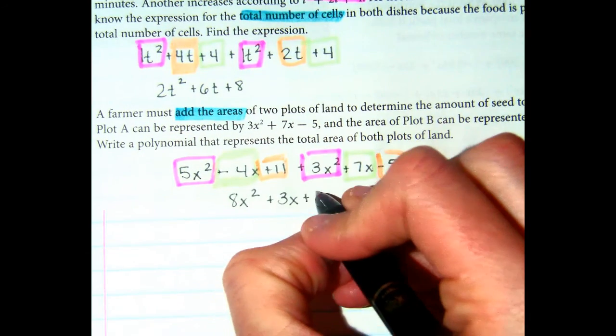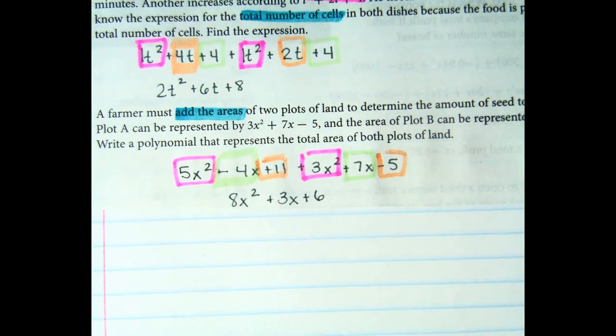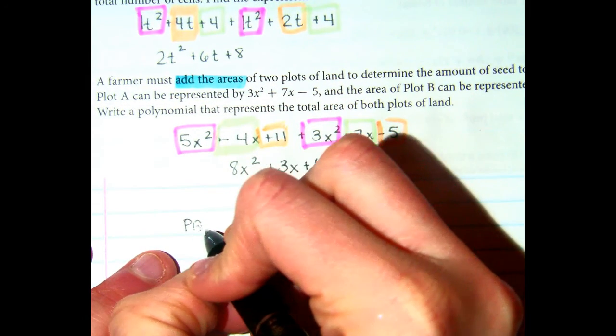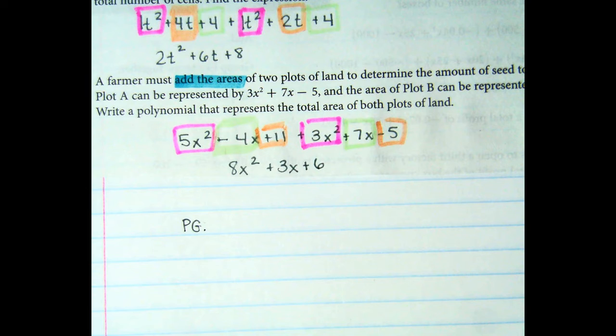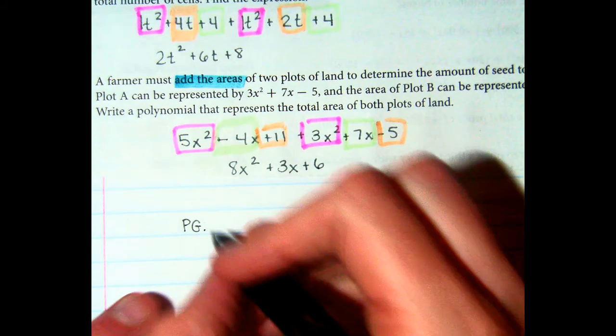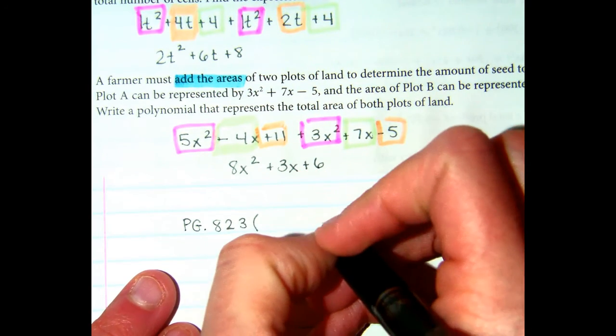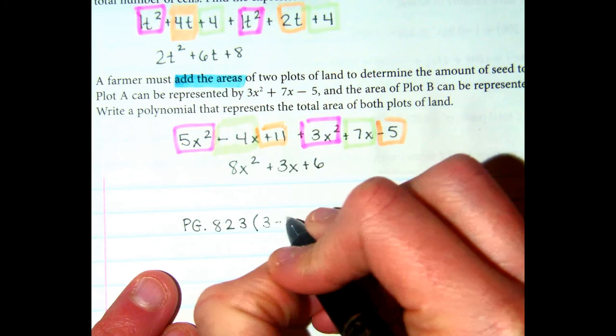Excellent. Your homework will again be graded for accuracy. It is in your book on page 823. Numbers 3 through 16.